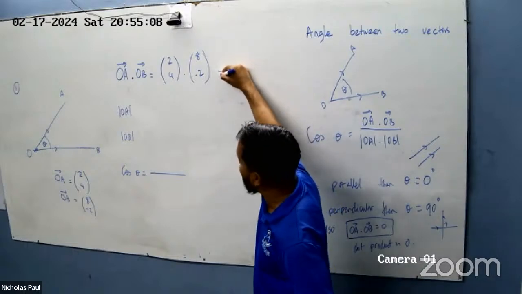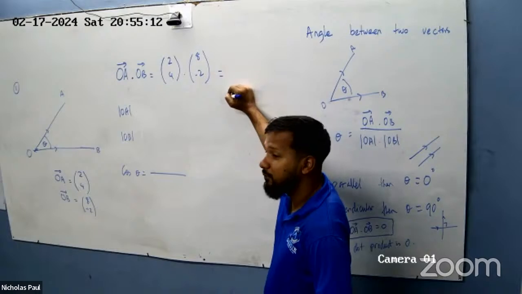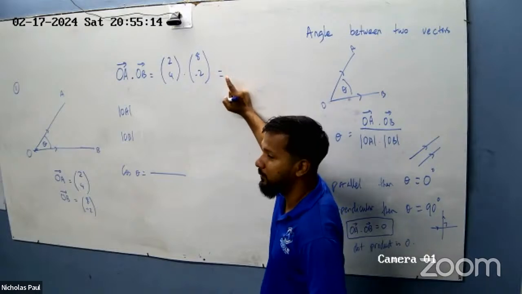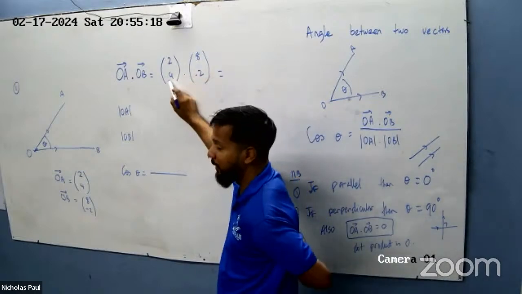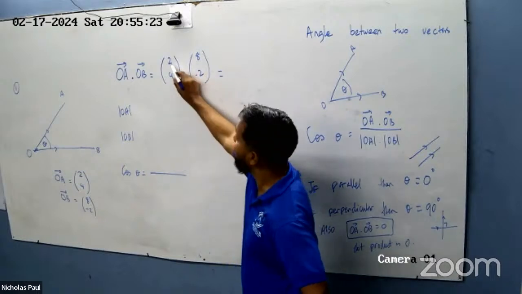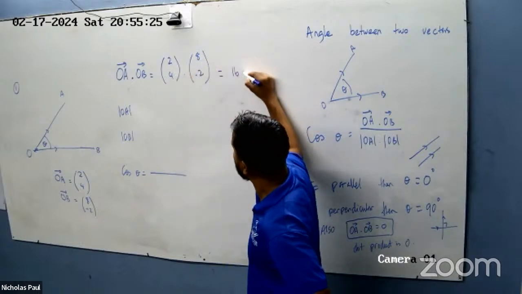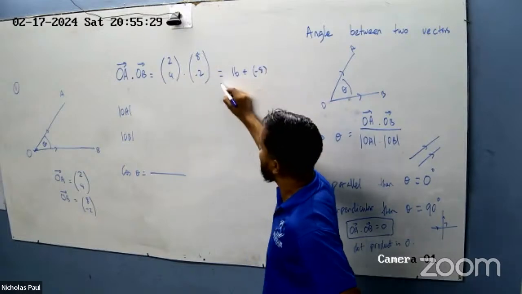Yeah, multiply what? Multiply the 8 by the 2, the 4 by the minus 2, and then add it. Right? 8 by 2, that's 16. Added to 4 by minus 2, minus 8. So the dot product is 8.